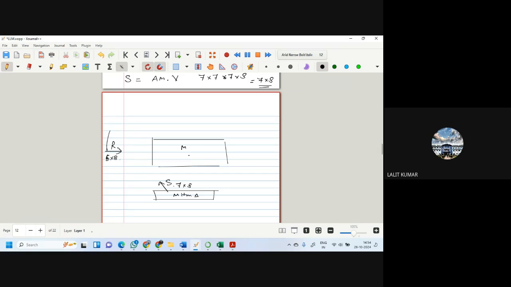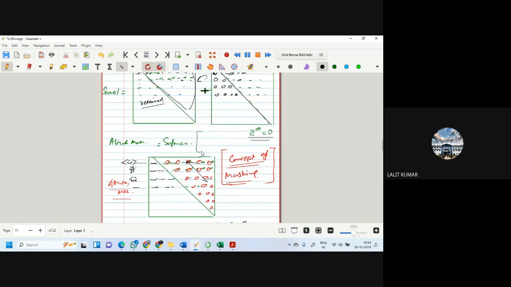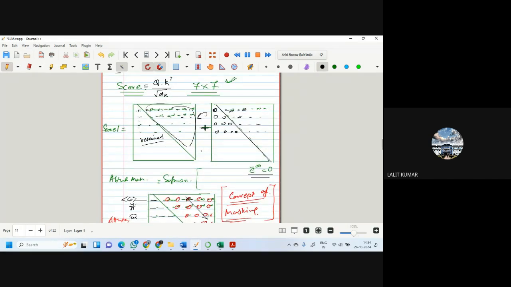Now we enter MHCA, the multi-head cross attention layer. Here I want to take the input from the encoder also. Conceptually, what I have done is found the semantic relations between the words without paying attention to the future, the same thing I was doing in the encoder.